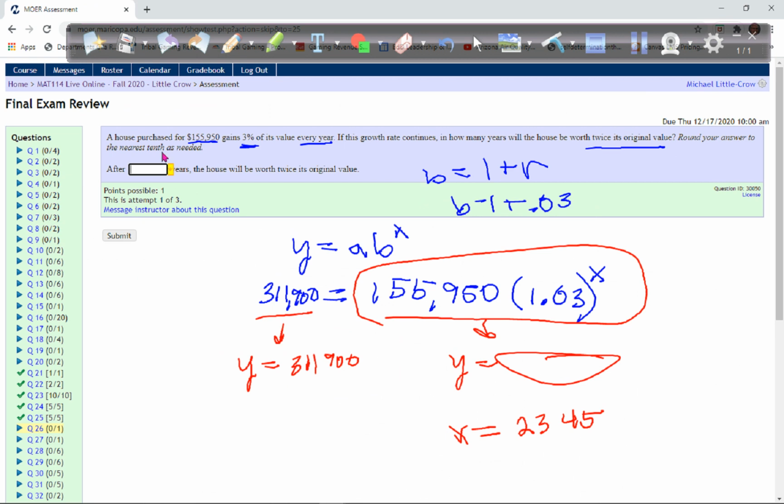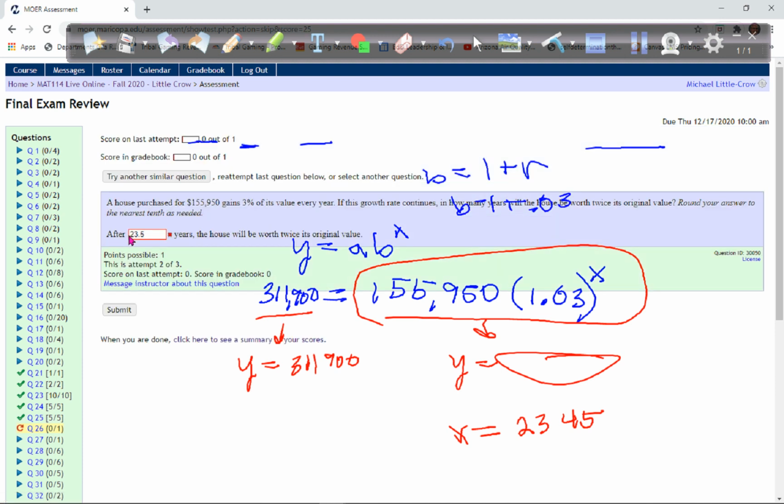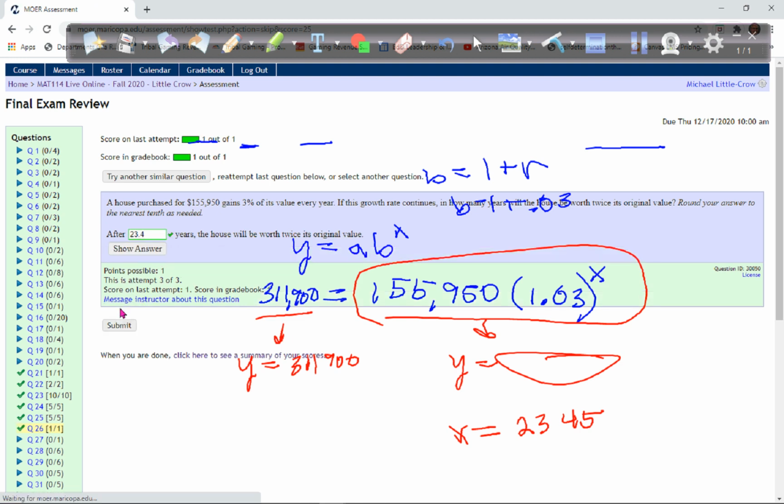And round your answer to the nearest tenth as needed. So we'll do that, 23.5. See if it just doesn't round it.